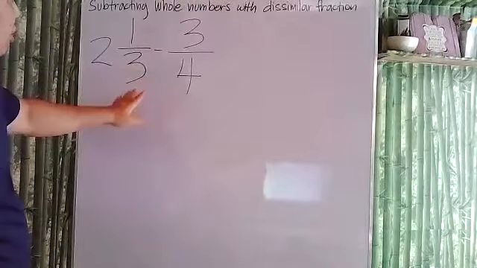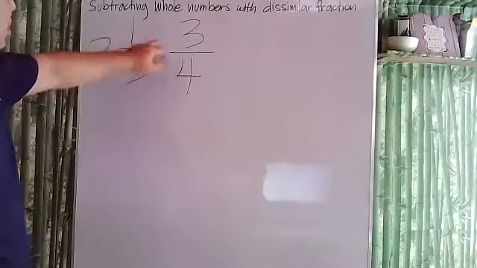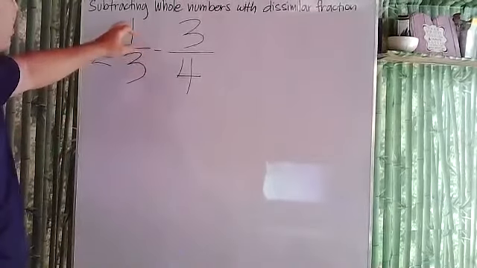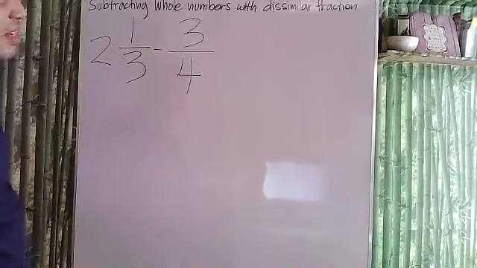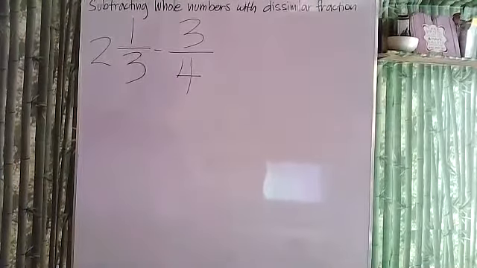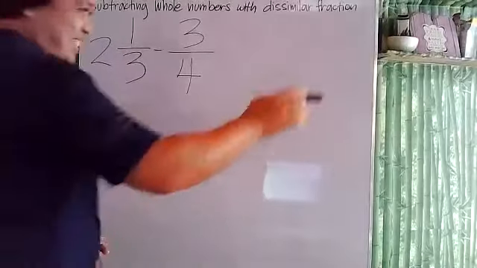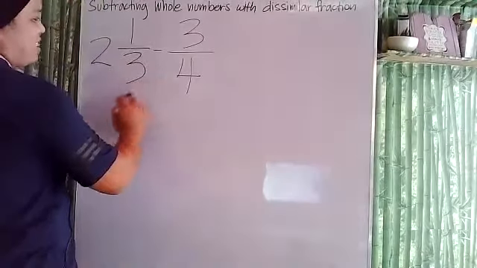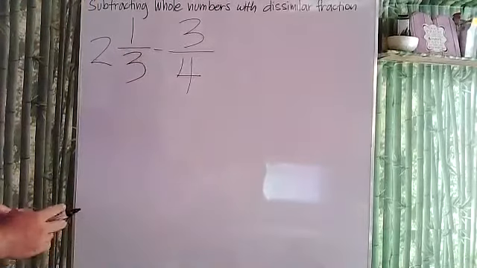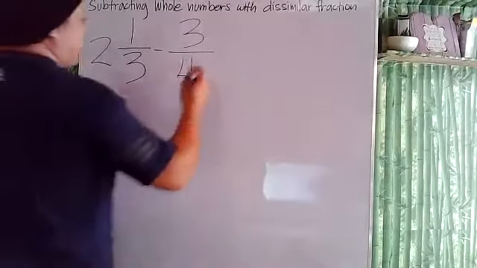The fractions are dissimilar and the numerator here cannot be subtracted. Why? Because 1 is less than 3. So what are we going to do? Let's first change the dissimilar fractions into similar. How?